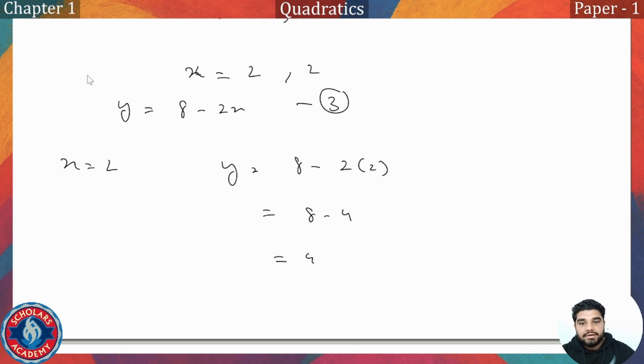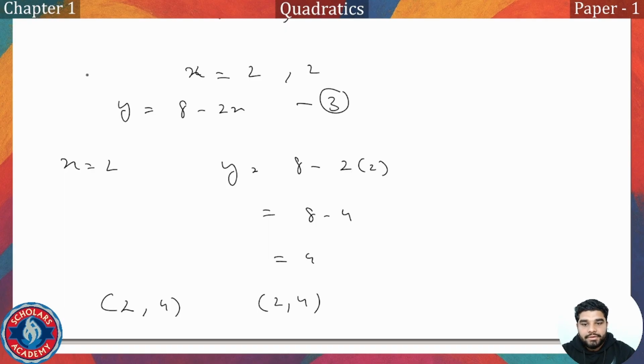So the solutions are 2 comma 4 and 2 comma 4. So only one point is the solution. The linear line is just touching the quadratic curve.